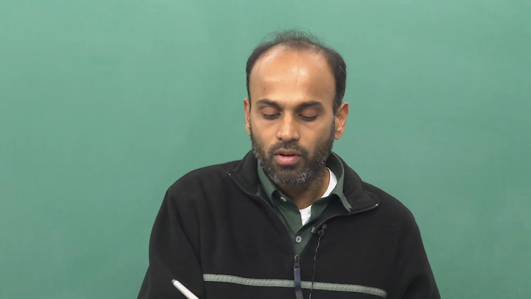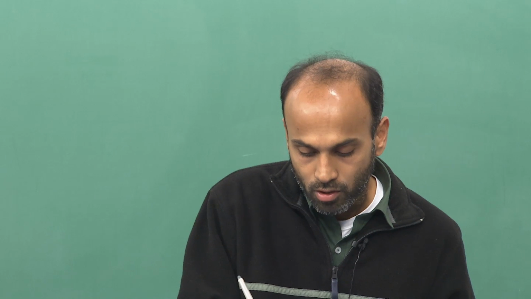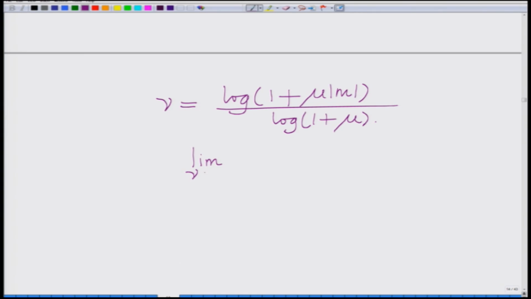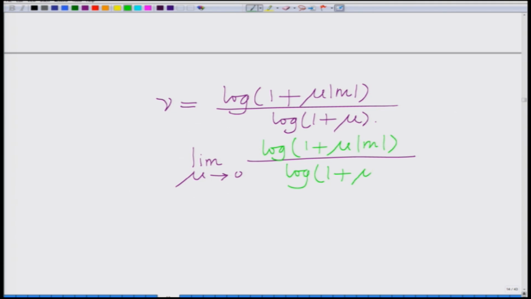So, therefore, we consider the limit mu tending to 0 of this. That is, for very small values of mu, this becomes log of 1 plus mu magnitude m divided by log of 1 plus mu.